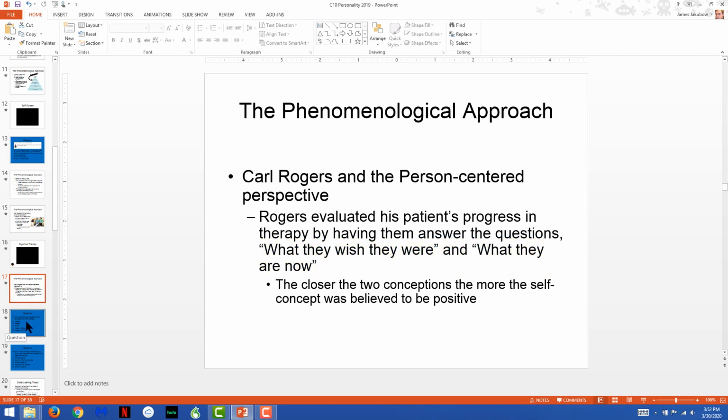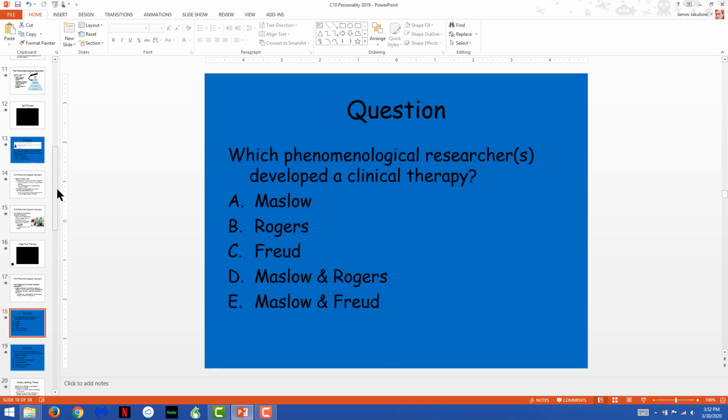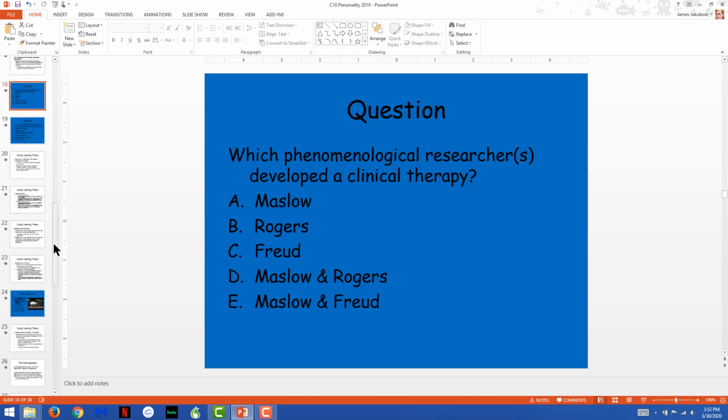So let's look at a couple of questions related to this whole topic. Which phenomenological researcher developed the clinical therapy? Well, the answer there is Rogers, and only Rogers. Maslow never created a therapeutic process or a clinical therapy.